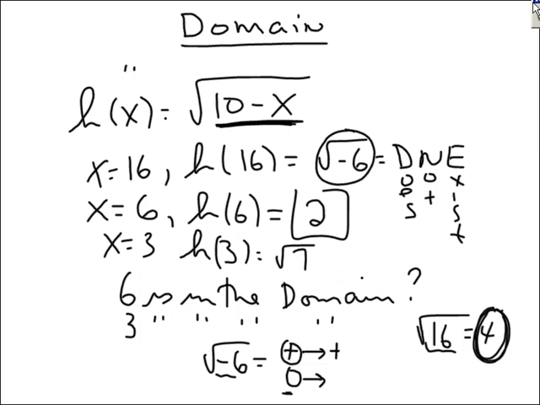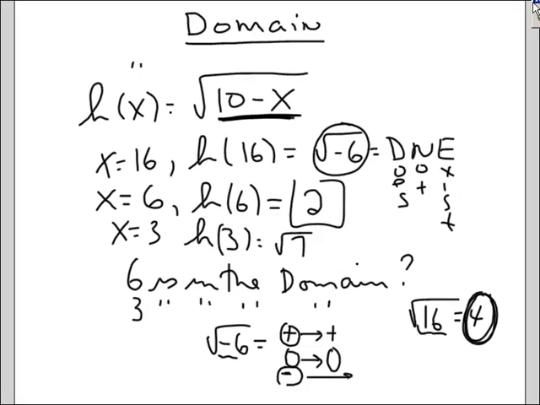Of course not. 0 squared is 0. That doesn't equal negative 6. So maybe the square root of negative 6 can be some negative number. No, it can't be. Because when you square a negative number, you get back a positive number. And no positive number is ever negative 6.